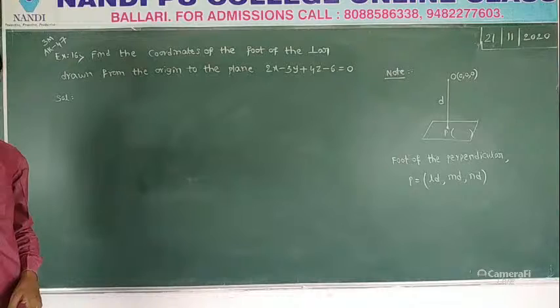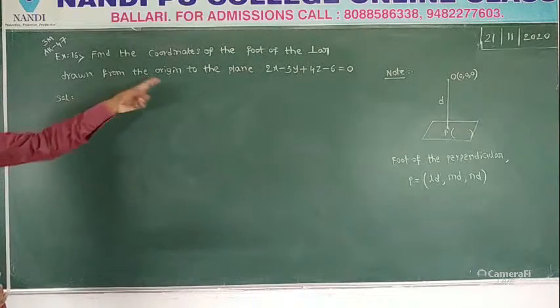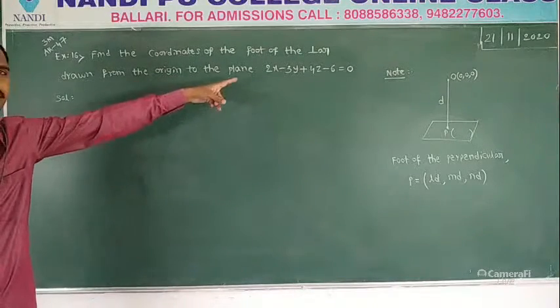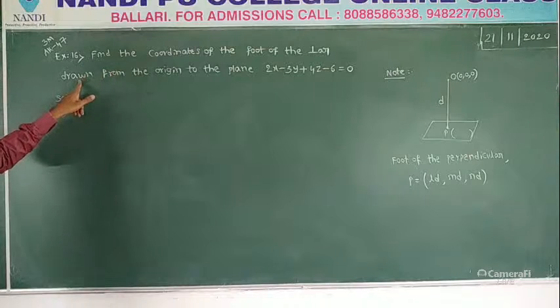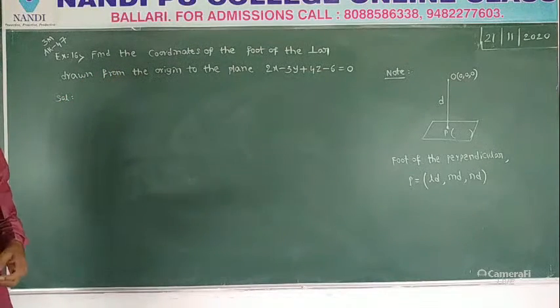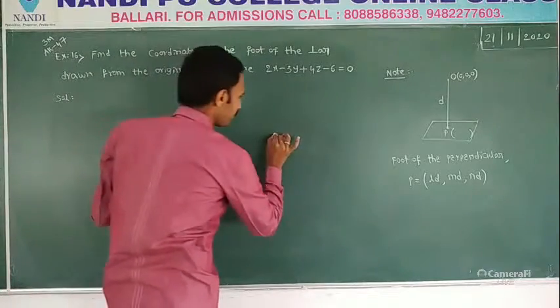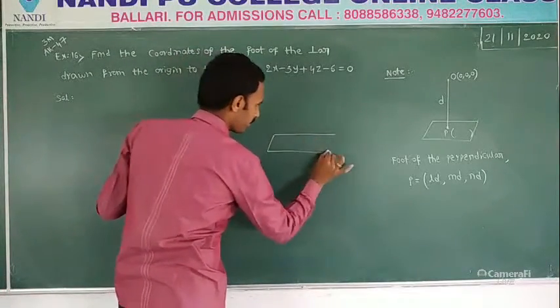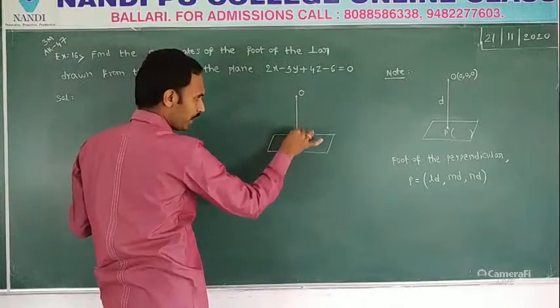We are going to find the coordinates of the foot of the perpendicular drawn from the origin to the plane. Here the plane is given, the origin is given. From the origin a perpendicular is drawn.